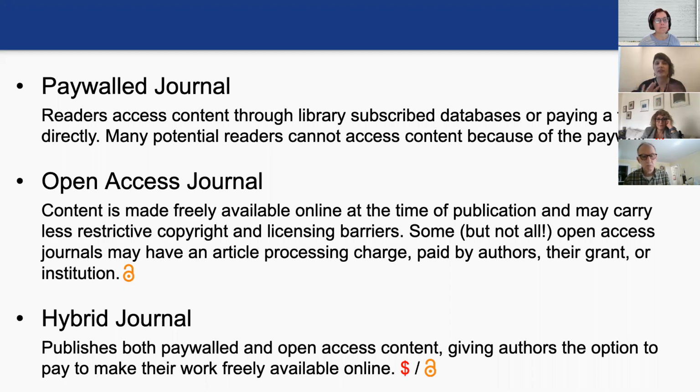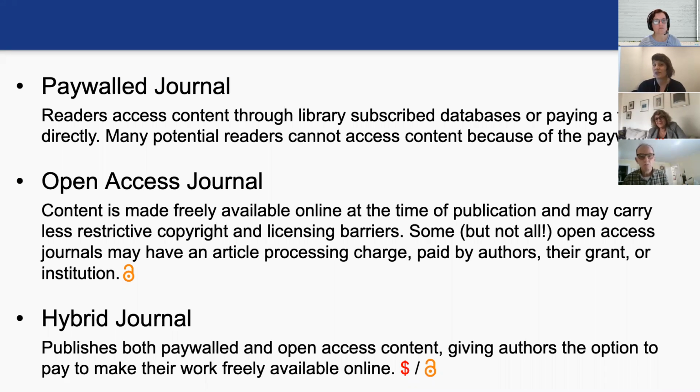So what does all of this mean for you? What this means is that if you submit to a journal with a fee, your department or institution may have some funds available, but honestly, they're typically not enough at CUNY to cover the full cost.